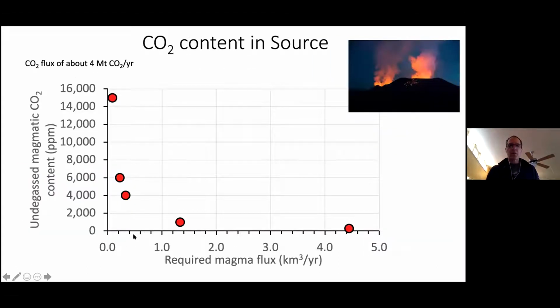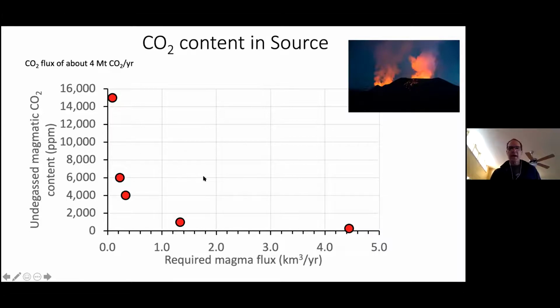And we can calculate very easily how much carbon there is in the source. You can simply take a magma flux and an undegassed magmatic CO2 content, and make this very simple plot. If you have a higher magma flux, you require less CO2 in the undegassed magma. If your magma flux is low, then the CO2 content of that magma has to be higher in order to satisfy those 4 megatons per year.